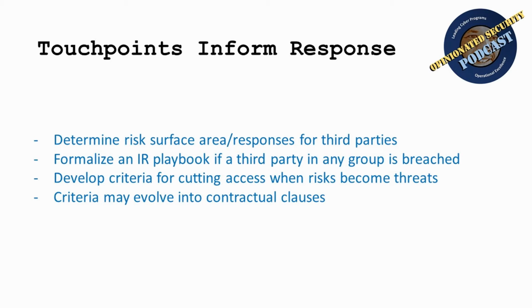So we have these risks, we've identified them, they may or may not be high fidelity, but if we understand our risk surface area, we can begin to turn those into facts. We either have an integration or we don't. We know the nature of that integration because there are two sides of it.